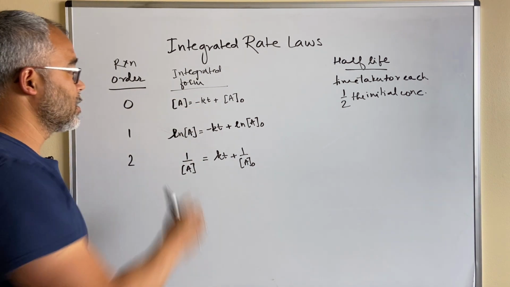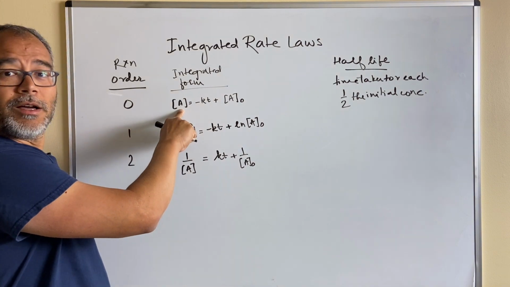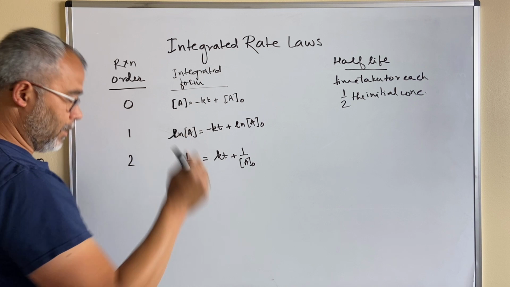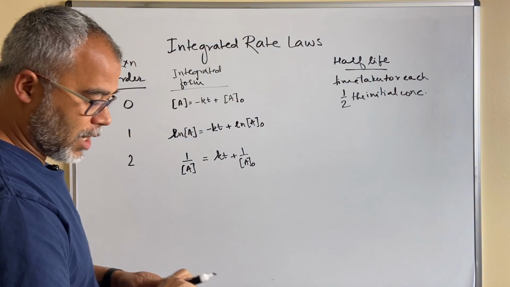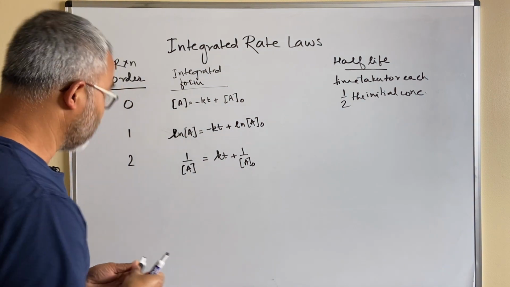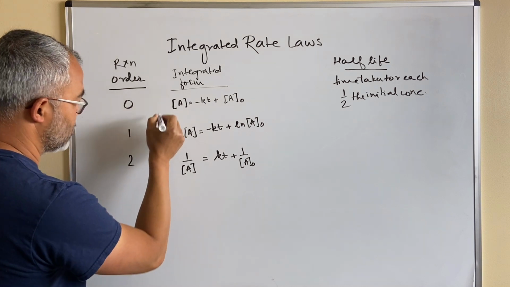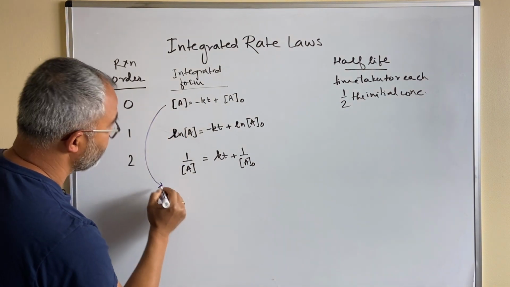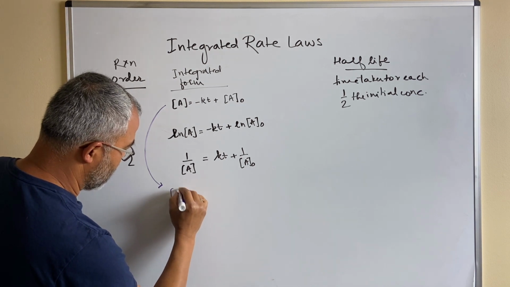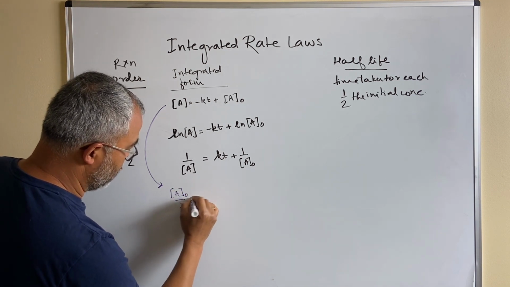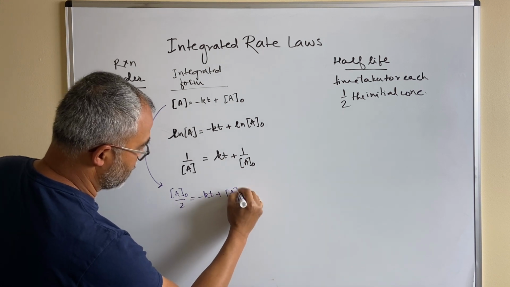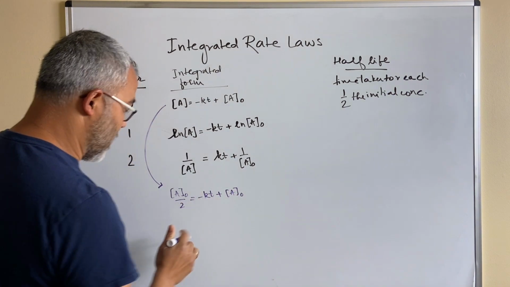All we have to do is plug in for [A] out here, we write [A]₀ over 2, okay? So I'll just do that in a different color out here for the first one. So for the zeroth order, that becomes [A]₀ over 2 is equal to minus kt plus [A]₀, and then we just combine them.